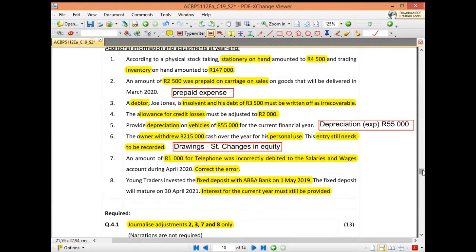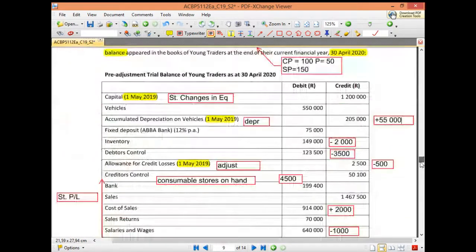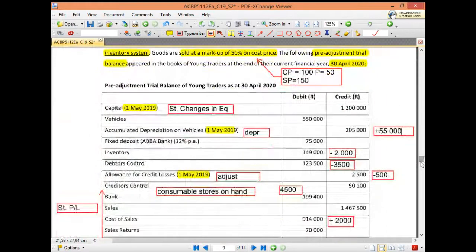And then the interest for the current year must still be provided. So that means we still need to calculate the interest. Now, if we look, our year end is 30 April, so we've opened this in the beginning of the year. The balance for the fixed deposit was 75,000. Multiply with the 12% will give us the interest amount.